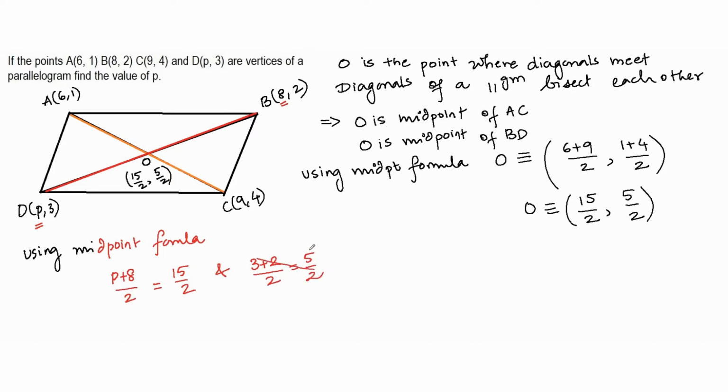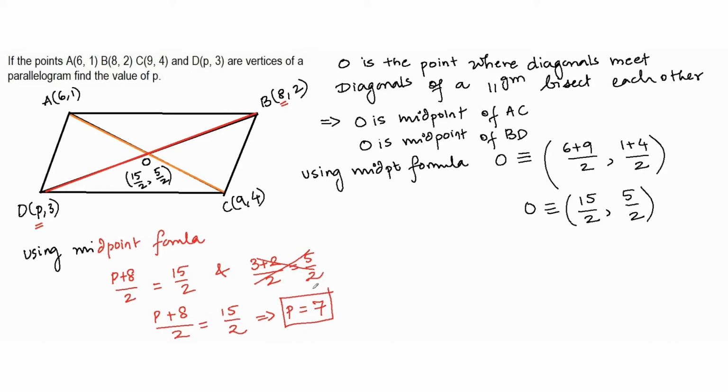Now, of course, I don't need this because I need to find the value of P. But you will notice that this equation also holds true. 3 plus 2 is 5, so 5/2 equals 5/2. And now I should concentrate on this equation to find the value of P. So (P + 8)/2 is 15/2, which means the value of P is equal to 7.